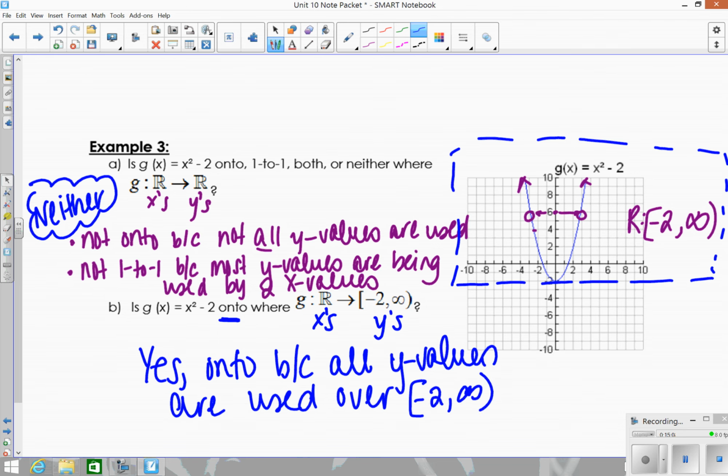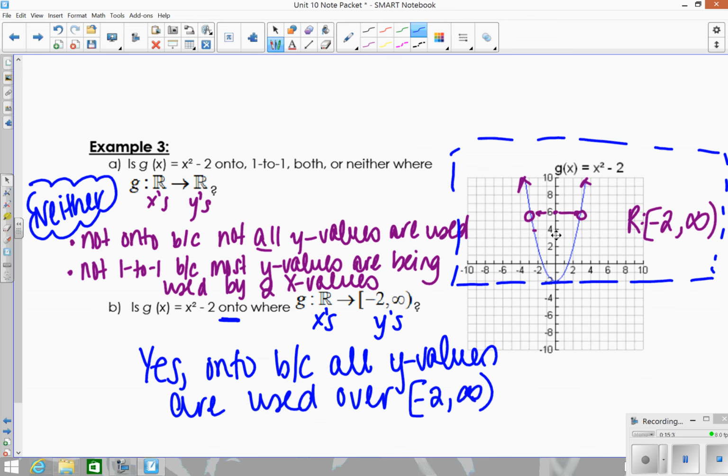Now, keep in mind that this does not necessarily mean it's onto and one-to-one. If you look, it's still not going to be one-to-one, because it's not going to change the fact that you have two of the same y values for two different x values. This picture still includes all of these points where I have multiple x values with the same y value.